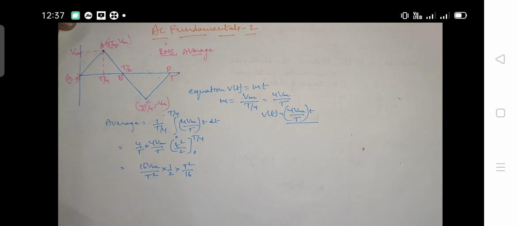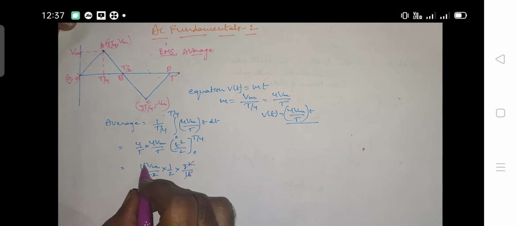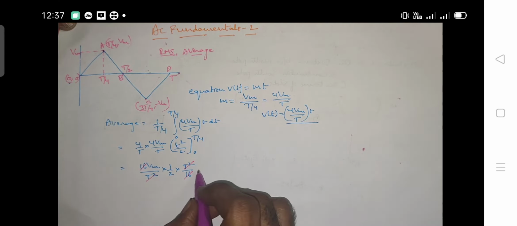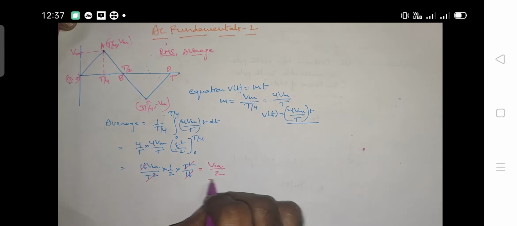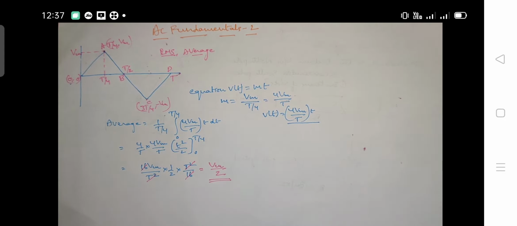So here you can cancel this T square, 16 and 16, which will lead to Vm by 2 as the average value. Similarly, you can also find out the RMS value.